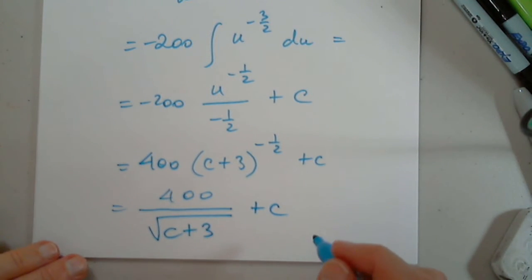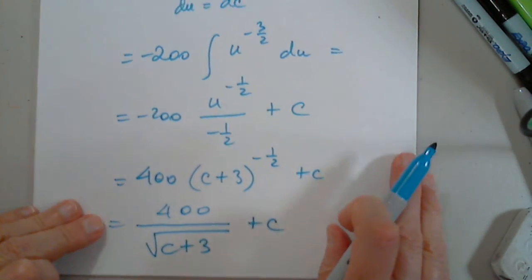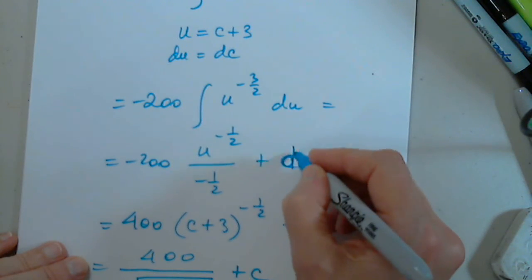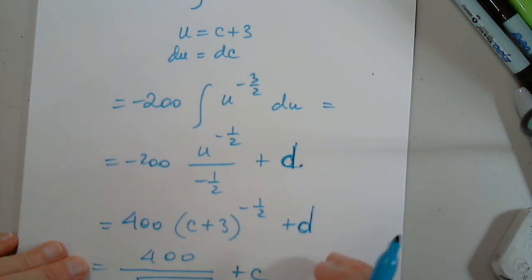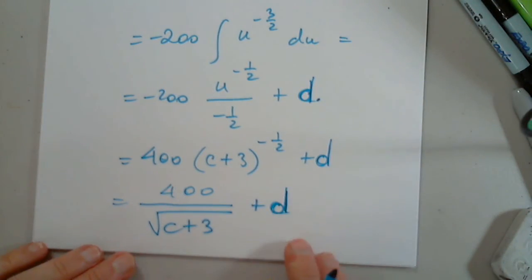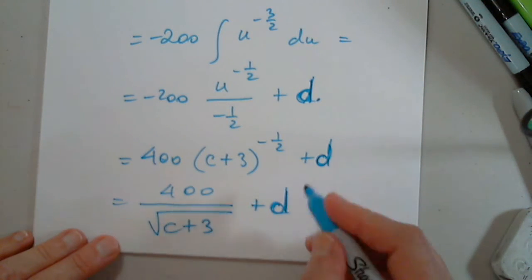And this is our function. I'm going to call this constant D, not to be confused with C. Sorry about that. So this is a constant D. It has nothing to do with this.